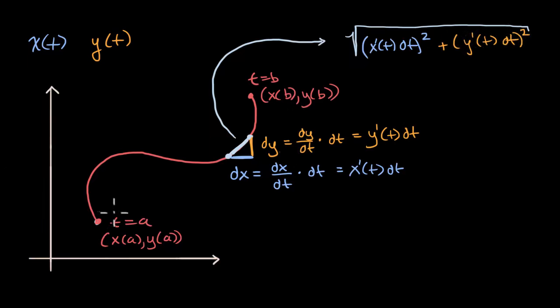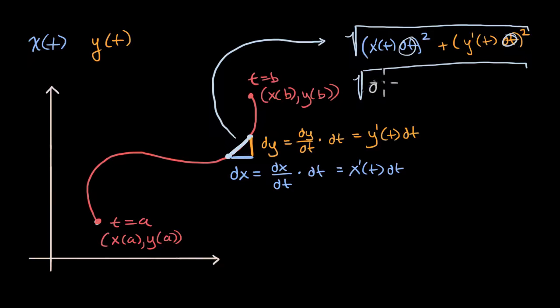And now let's just try to simplify this a little bit. Remember, this is this infinitesimally small arc length right over here. So we can actually factor out a dt squared. It's a term in both of these. So I'm going to factor out a dt squared here.